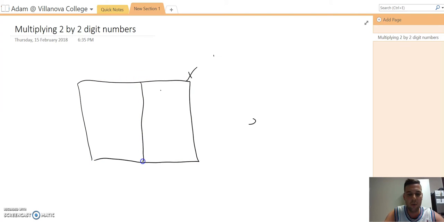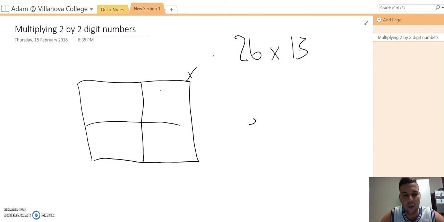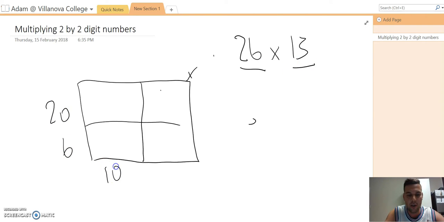This time, because we're multiplying two-digit numbers, we need to draw our box like a 4. We put our 26 on one side, so 20 there, 6 here, and we'll put our 13 on the other. So 10 and 3.